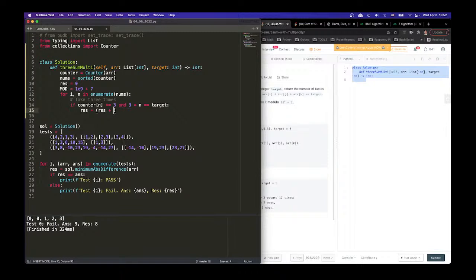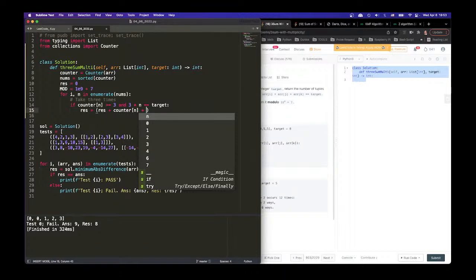So rest equals rest plus how many? That should be counter n choose 3, right? N choose 3 shall be n factorial over 3 factorial times n minus 3 factorial, which is n times n minus 1 times n minus 2 divided by 1, 2, 3, which is 6.